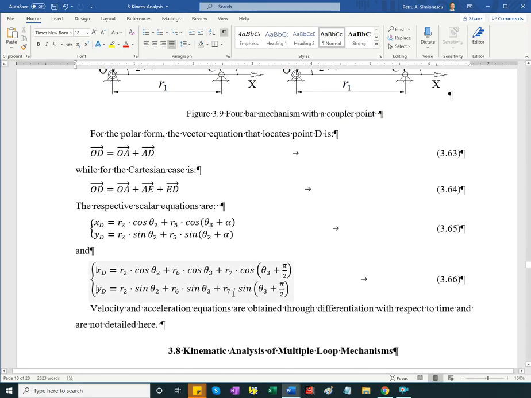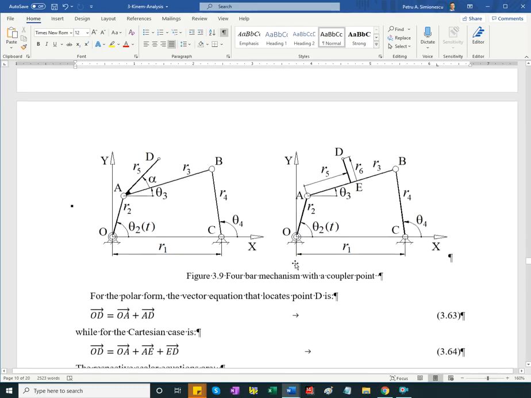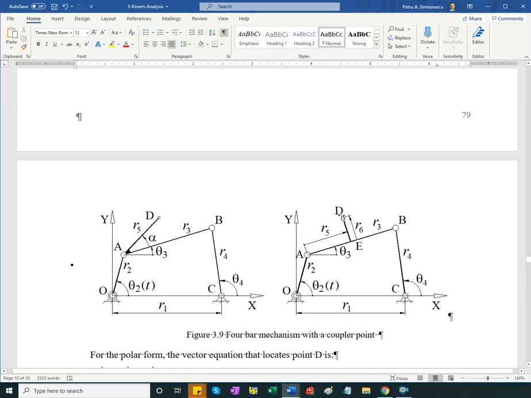And then, first for the Cartesian, using the local reference frame with R5 and R6.